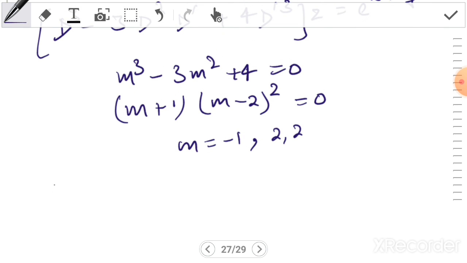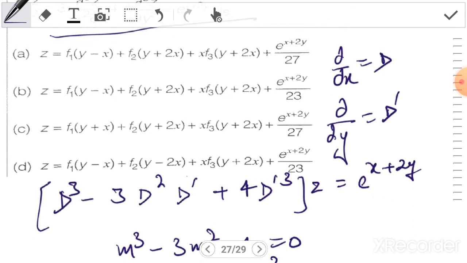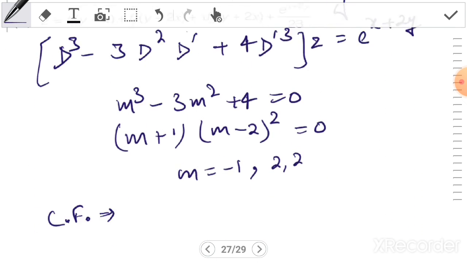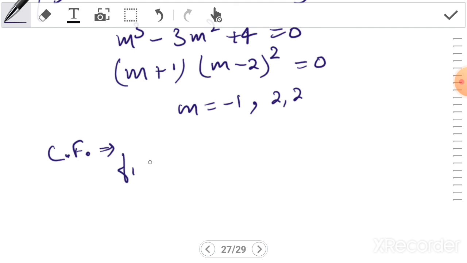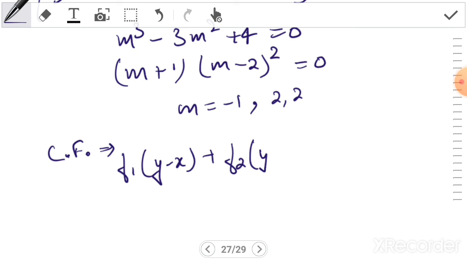So the complementary function is f1 of y minus x plus f2 of y plus 2x plus x f3 of y plus 2x.